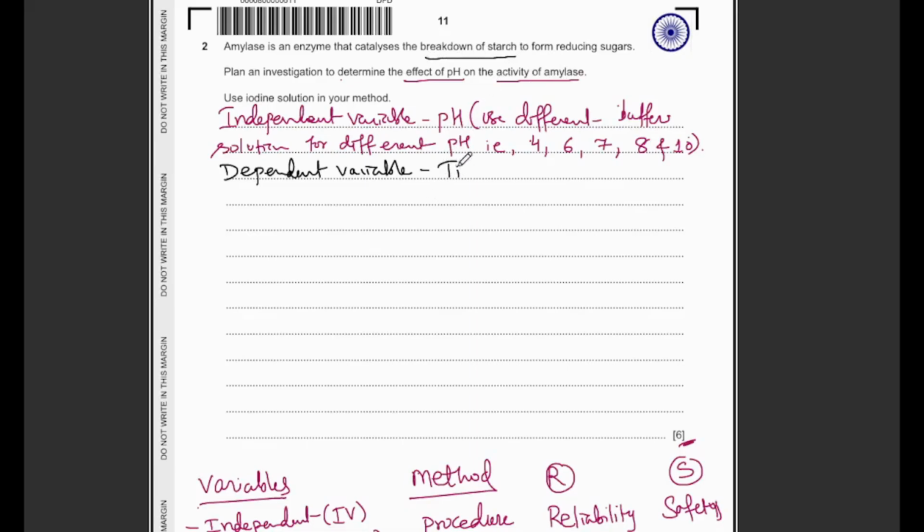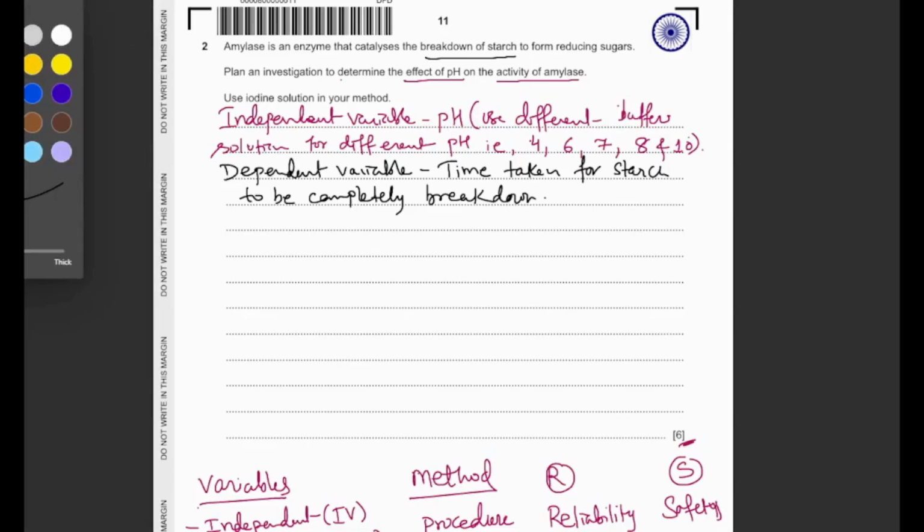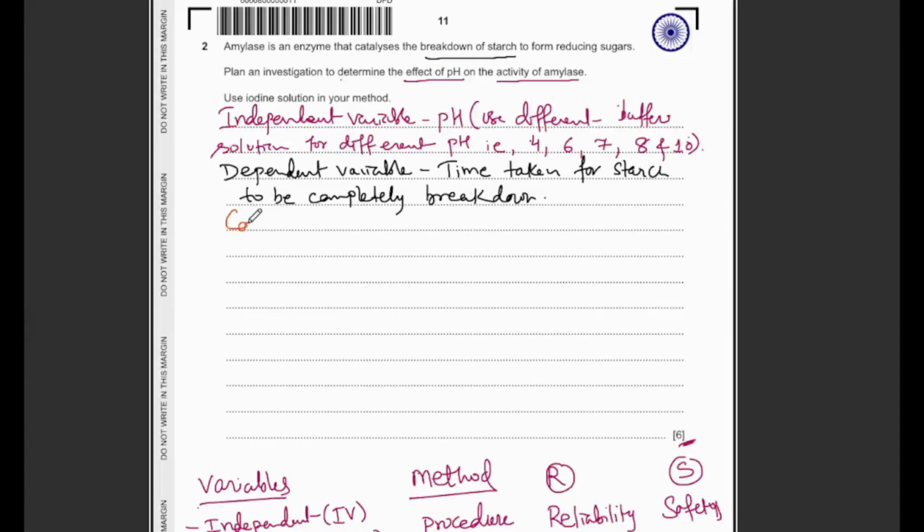So, time taken for starch to be completely broken down. Then third one, so dependent, independent is done. Next one will be our controlled variable.